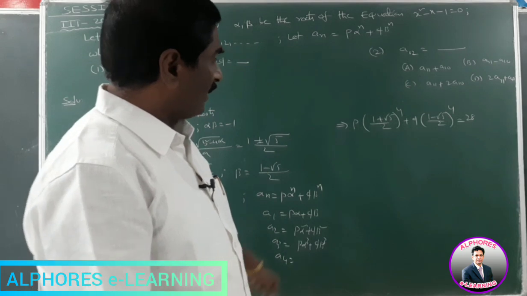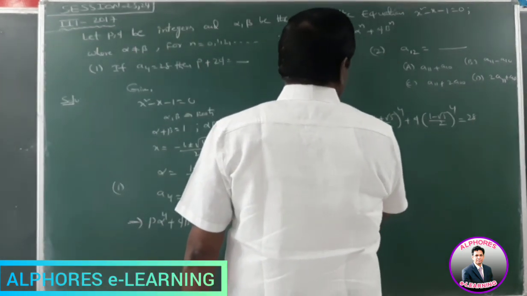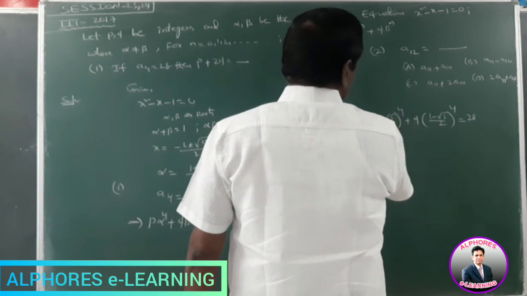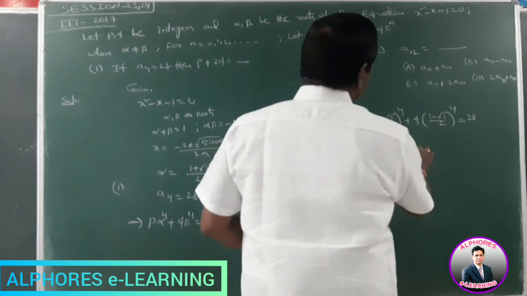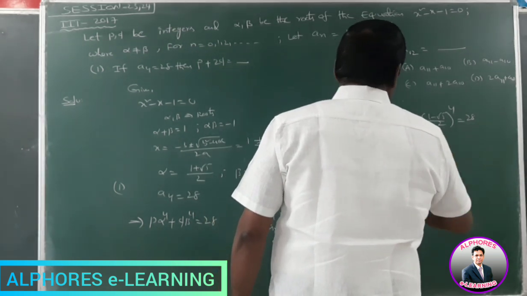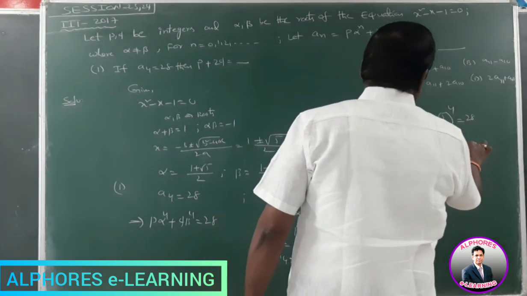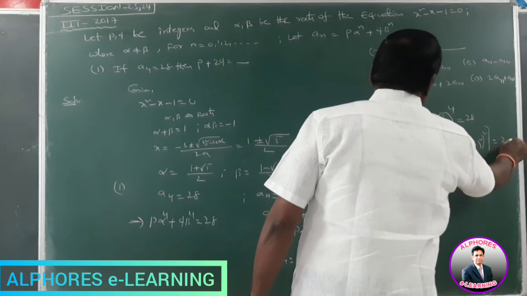After simplification, x power 4 means x square whole square. That means it can be reduced, 2 power 4 means 16: 1 by 16 into p of 1 plus root 5 whole square, plus q of 1 minus root 5 whole square is equal to 28.